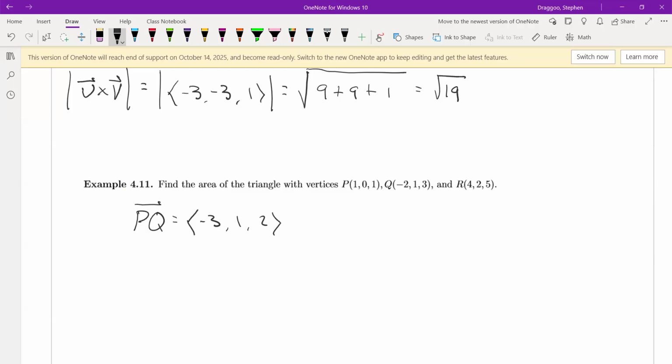Again, if I want to get the vector that connects 2 points, just take my final point and subtract my initial point. So -2 minus 1, 1 minus 0, and 3 minus 1. If that made sense, then probably PR will also make sense. PR will be the vector 3, 2, 4. Or again, I'll just take R and subtract P.